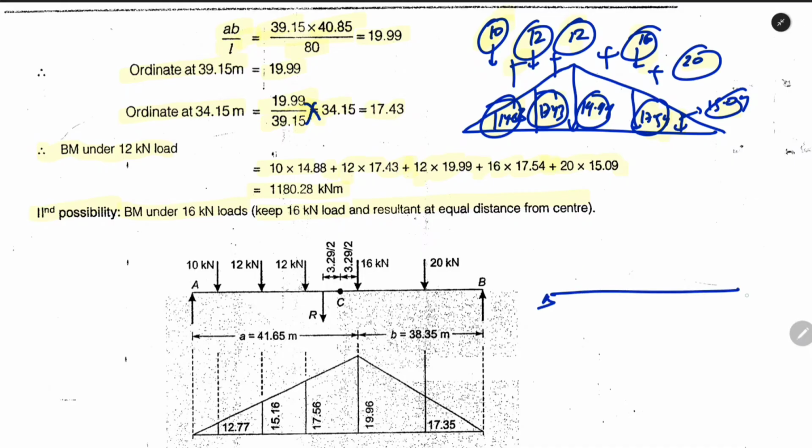This is our simply supported beam and this is the center. Our resultant is this and this is the 16 kilonewton load, and we place our loading in such a way that the center of the beam, the resultant, and this 16 kilonewton load are equidistant. So this distance was around 3.83 by 2, so we will divide them and solve.